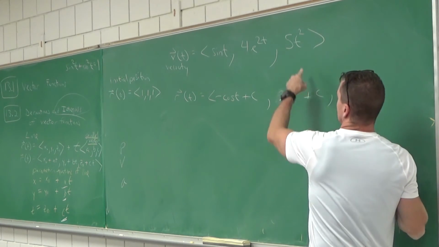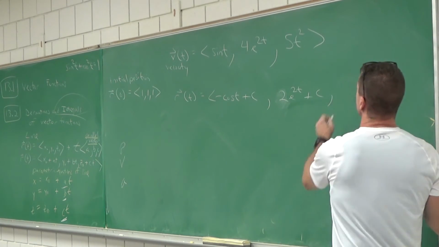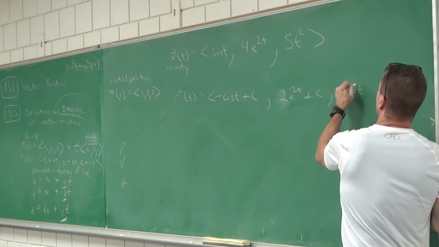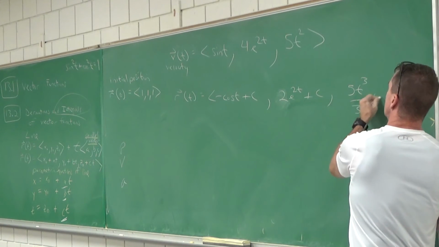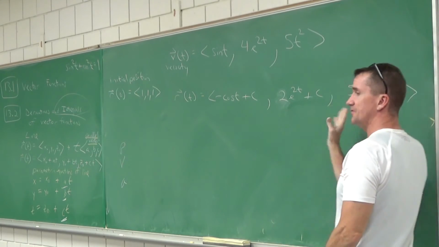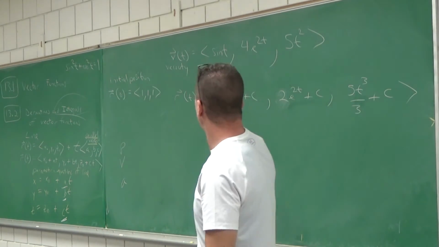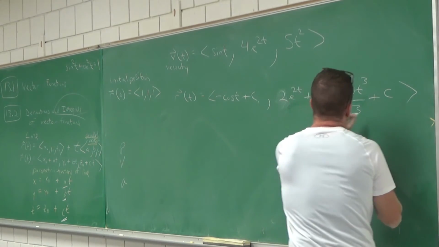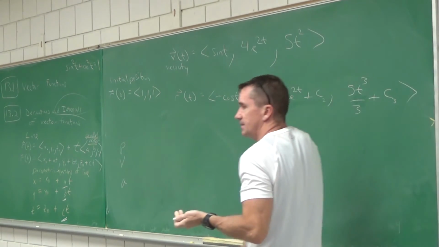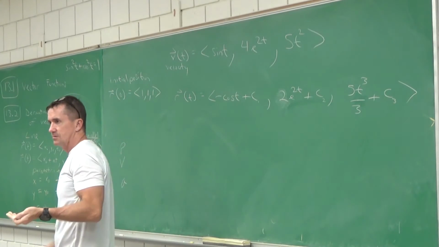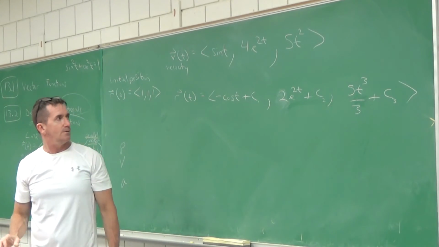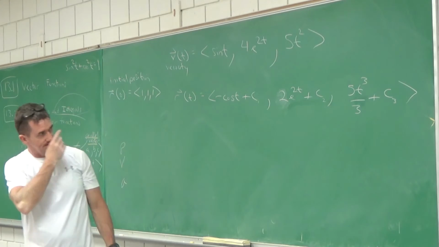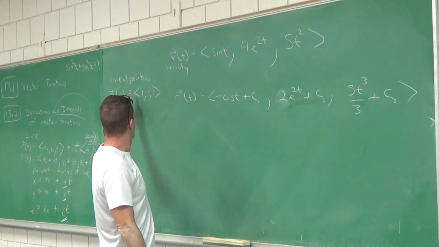Plus constant, and what's that integral? 5t cubed over 3 plus c. Now these are all different constants, so if you want to distinguish between each constant, you can call them constant 1, constant 2, and constant 3, because they all are representing different constants. But how do I find these constants? It's all about this.